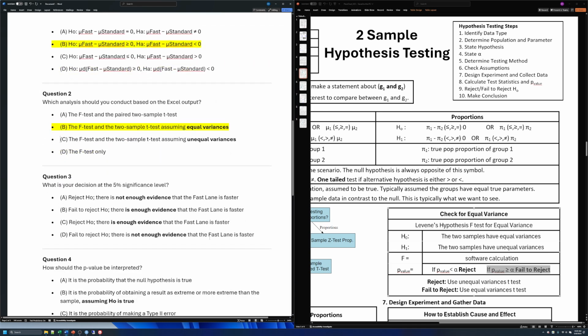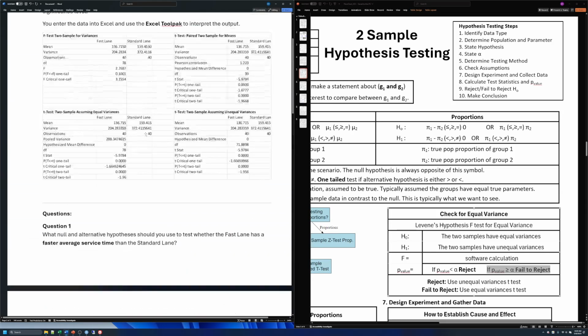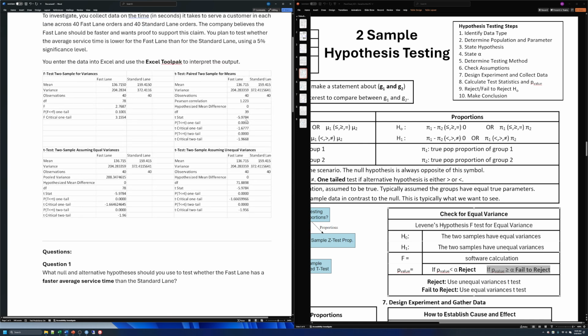Great, next one. What is your decision at the 5% level of significance? Okay, so we have to come back up here. We can now say that we're not looking at paired, we're not looking at unequal variances, we're just looking at it right here.